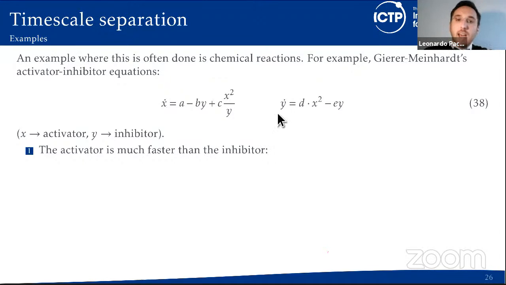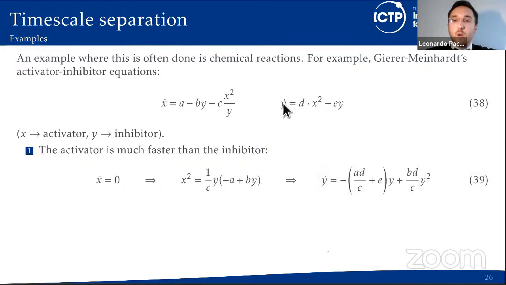So X, the activator, becomes much faster than the inhibitor. Then what we can do is set X dot equal to 0, so that we can use this equation to write X squared as a function of Y. Then we plug this into the equation for Y dot, and we obtain this, which becomes the approximated equation of the system for high temperatures.